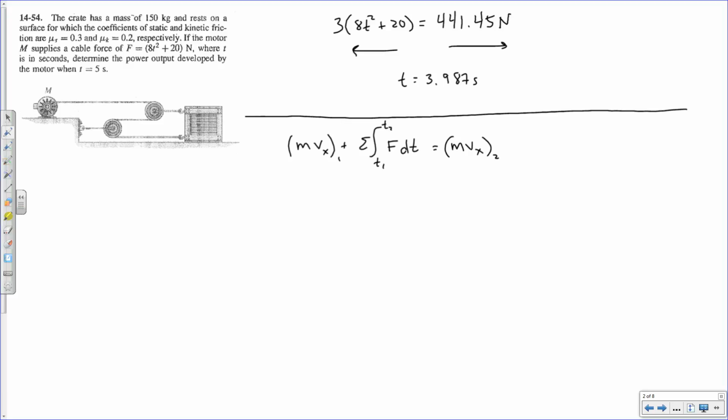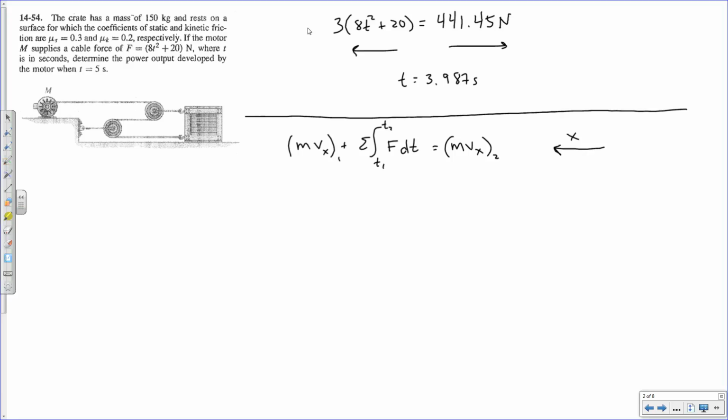And it doesn't matter what direction we call positive, but for the purpose of this equation, let's call x positive to the left to make our lives a little bit easier. We know that the crate in this example is actually going to be moving towards the left. Taking a look at this equation, at some initial time, the object you're considering is going to have some momentum.